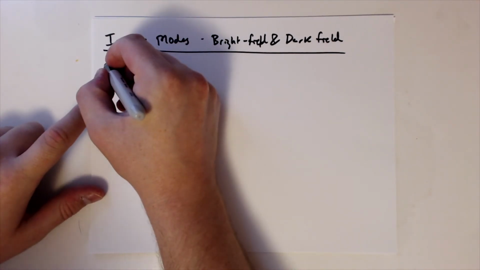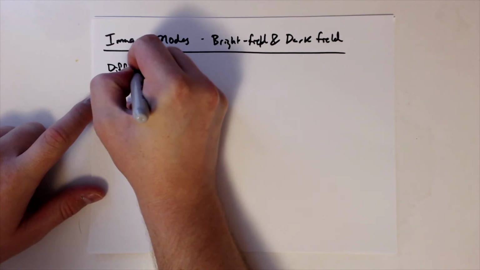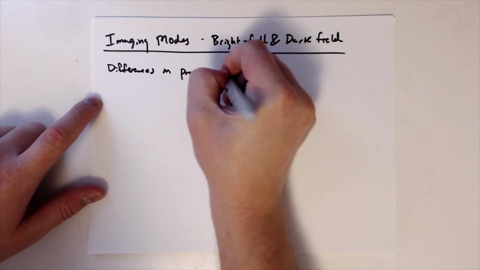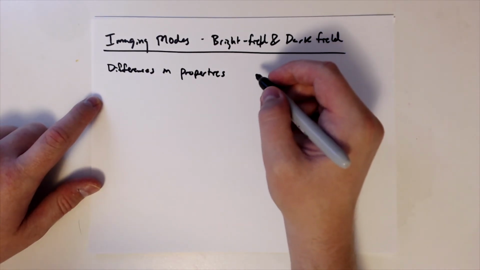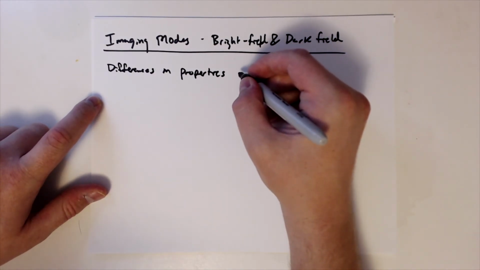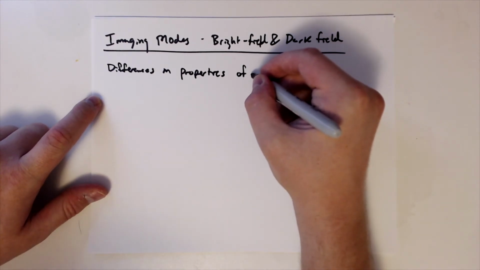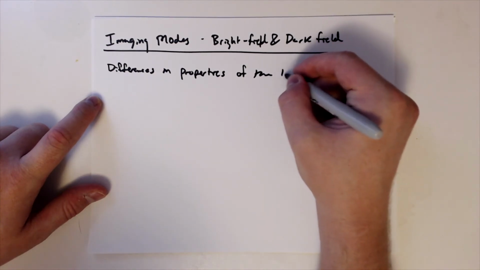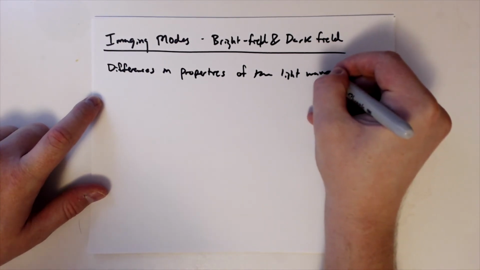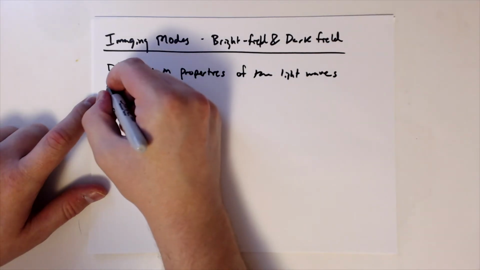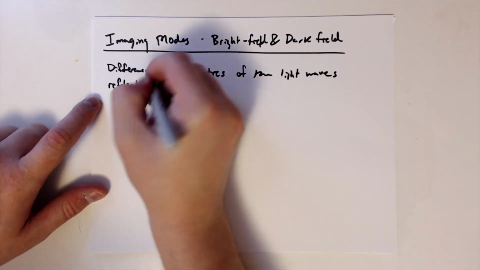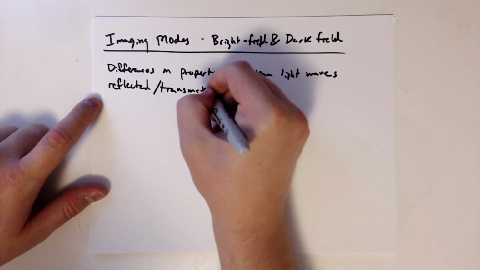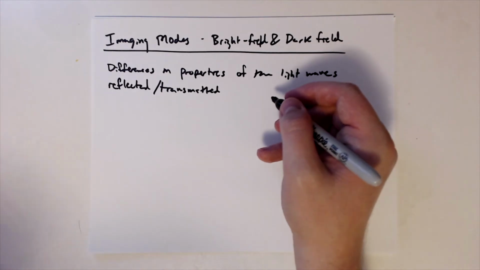So differences in properties, right? So something in our specimen has different properties. And if we're talking about differences in the properties of the light wave, they can be reflected or transmitted through, and they can also interact with the object.